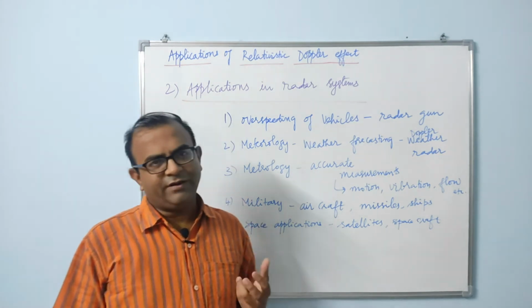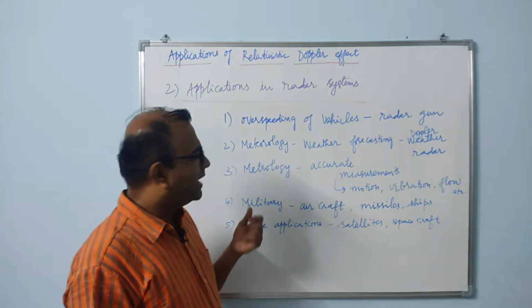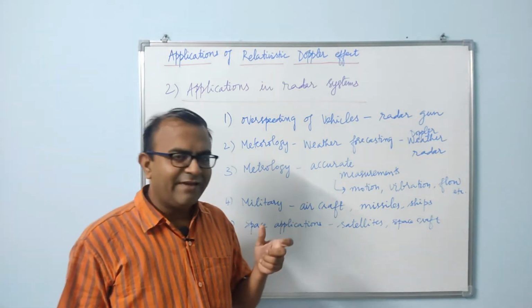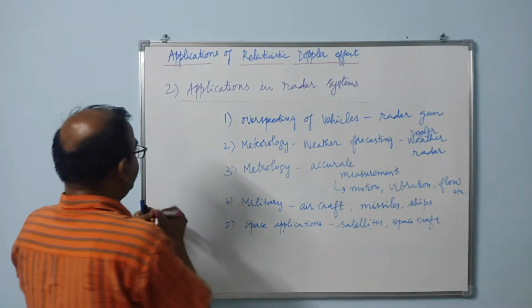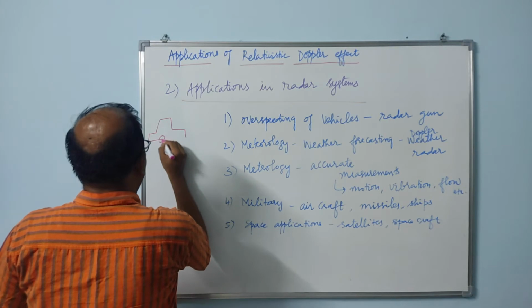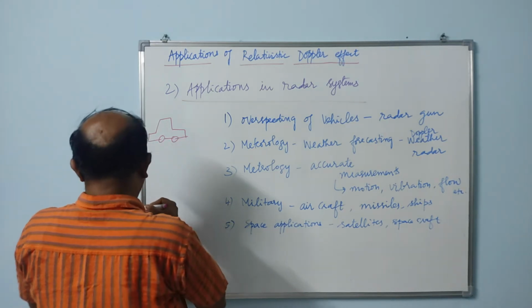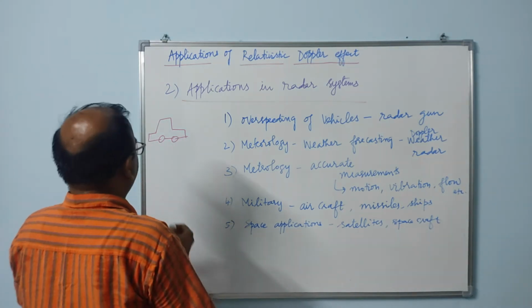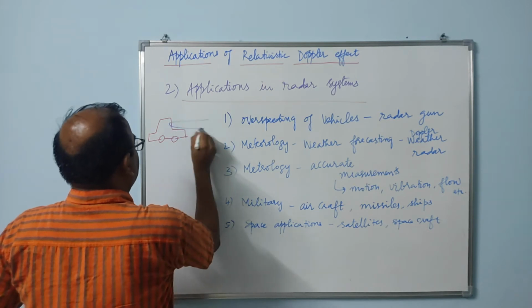For example, traffic police can use a radar gun to point at a vehicle, and the reflected ray can be looked at for Doppler shift.